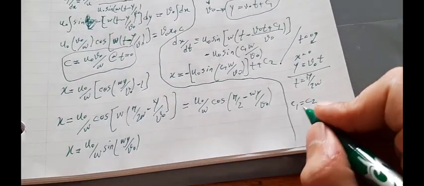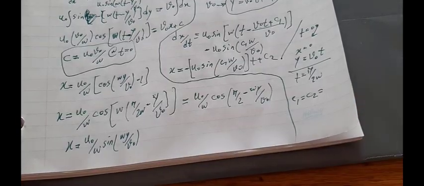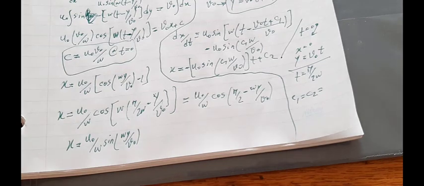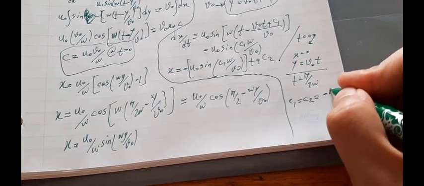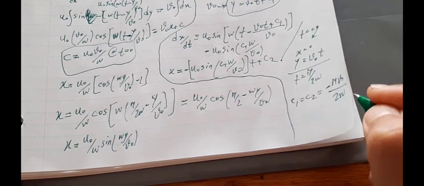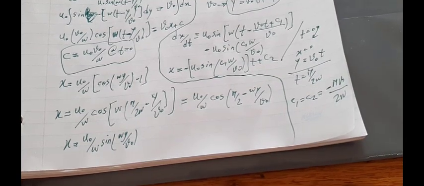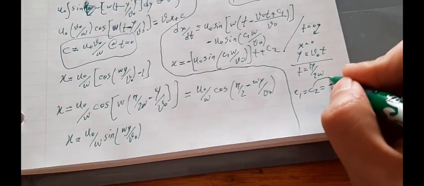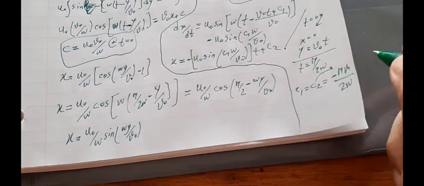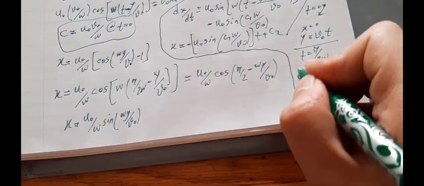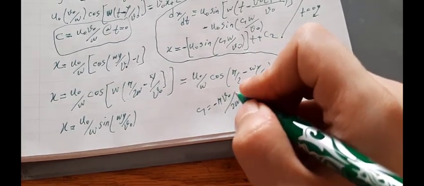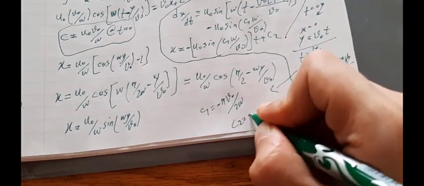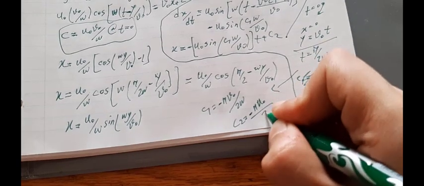Let me just write it here. C1 is equal to minus pi v0 over 2 omega, and the C2 is going to be equal to minus pi u0 over 2 omega.